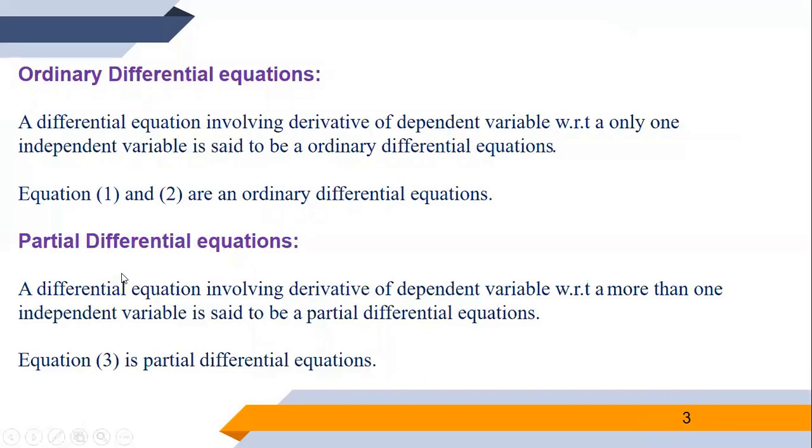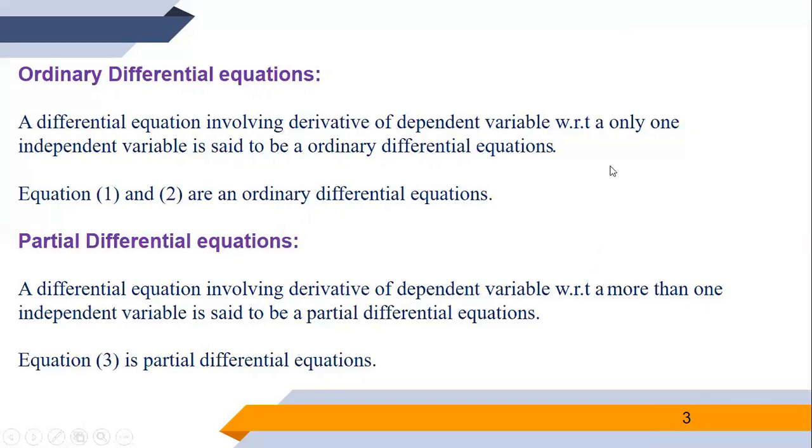And the other form is partial differential equation. So a differential equation involving a derivative of dependent variable with respect to more than one independent variable is said to be a partial differential equation. So here the main word is more than one independent variable.